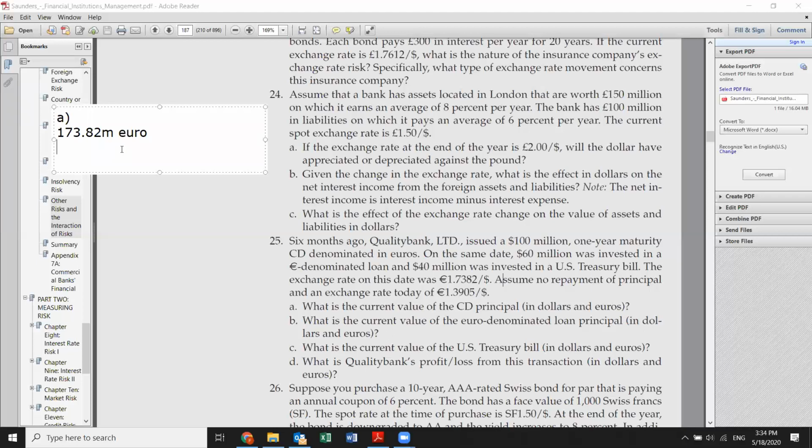So if you calculate 173.82 million divided by 1.3905, it is 125 million dollars.